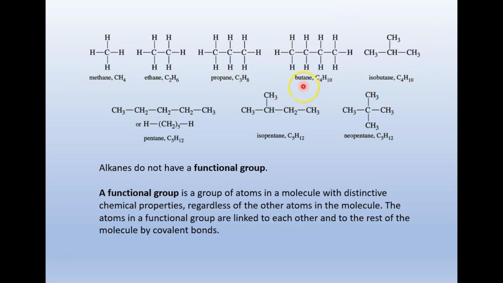But as soon as we get to butane, we can take this carbon off the end of the chain and attach it to this middle carbon, and then we have this thing called isobutane. So isobutane and butane are what type of isomers? Stereoisomers, true or false? It's got to be false. I'll make a joke. Are they patriotic isomers?